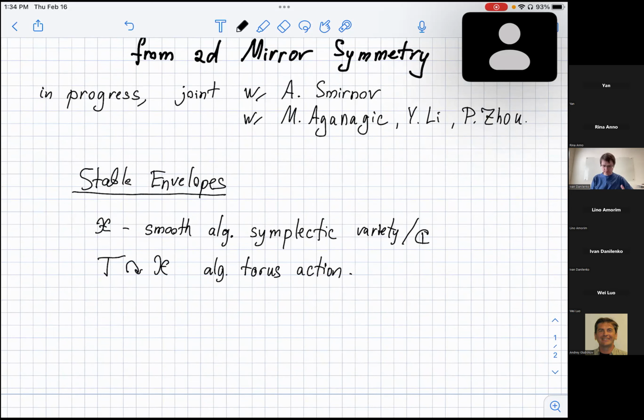Because my variety is algebraic symplectic, I want this torus to somehow respect the symplectic structure.